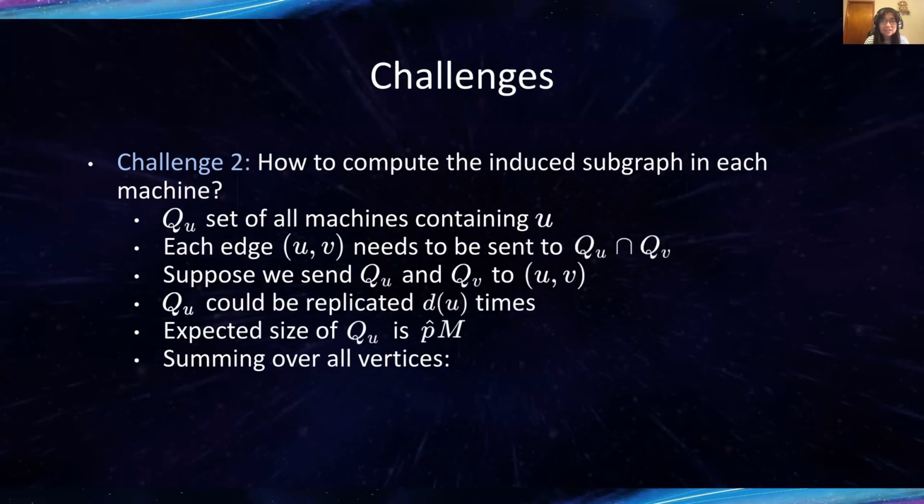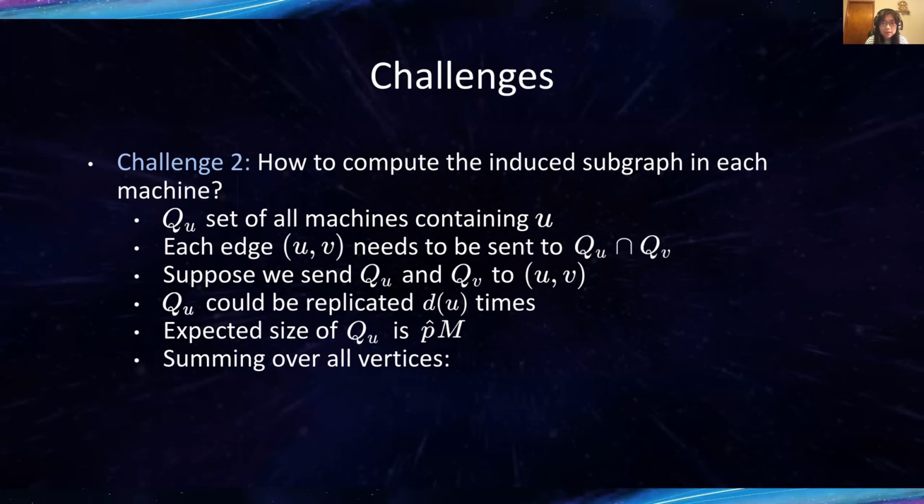To illustrate challenge 2 more clearly, suppose we define QU to be the set of all machines containing vertex U. Each edge, UV, needs to be sent to the set of all machines containing both U and V. This would be QU intersection QV. Suppose we send both of the sets QU and QV to the machine containing edge UV.